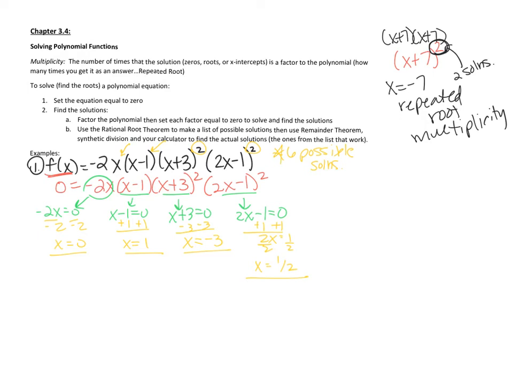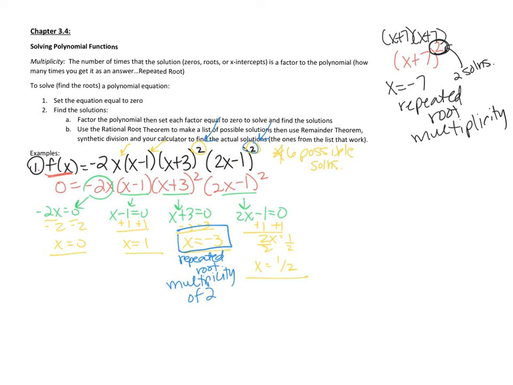So what happened? Well, let's go back up to our equation, and I notice that I have right here this squared, which means that they are repeating. So this -3 is what we call a repeated root. It's going to count twice, right? It's got a multiplicity of 2. So really, when I start counting, I'm going to double count this -3. It's as if it's on there twice. And same thing with my 1/2.